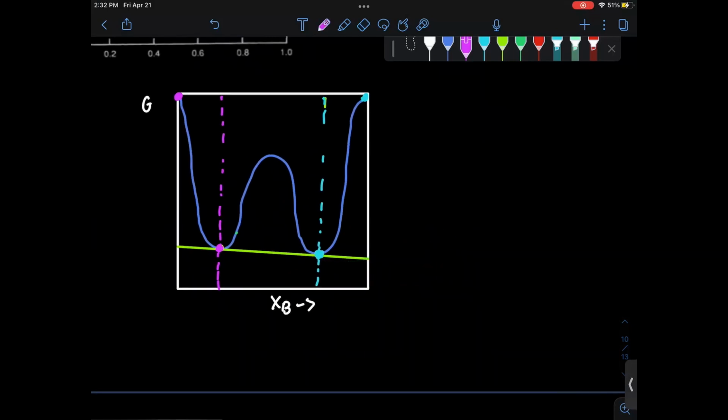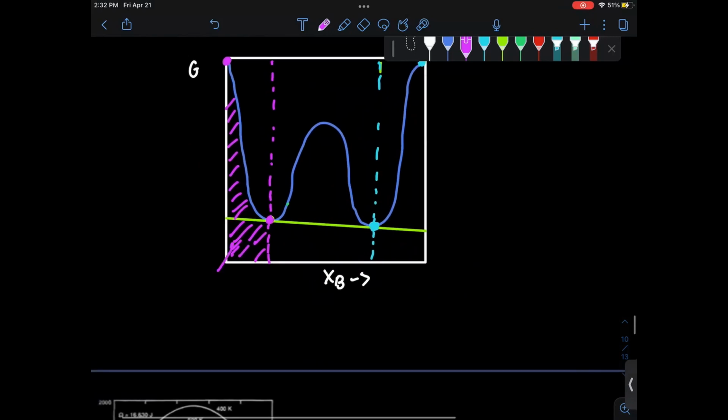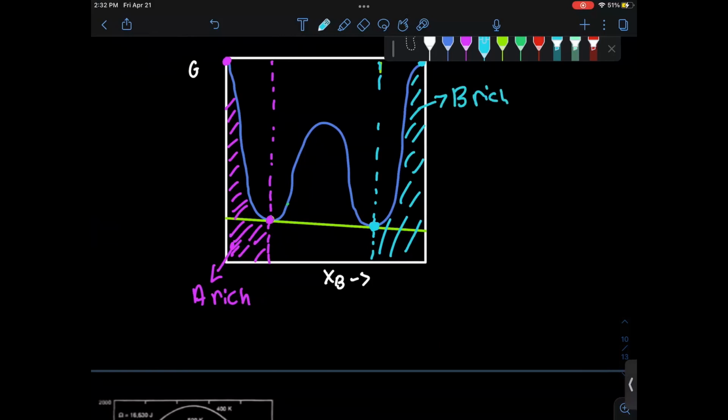So when we're in this region, we can say that anywhere in this region, we're going to have some A rich solution. When we're in this region, we can say that we are going to have one single B rich solution.